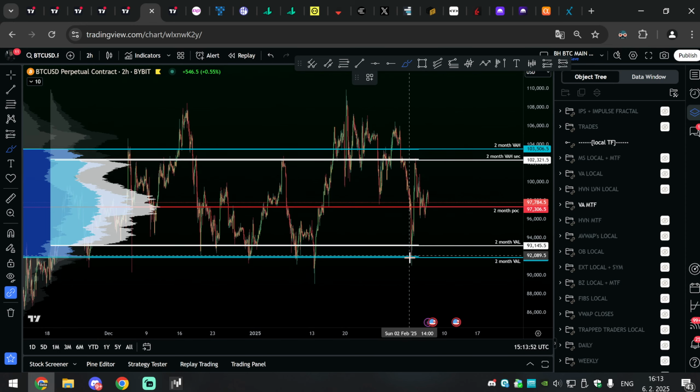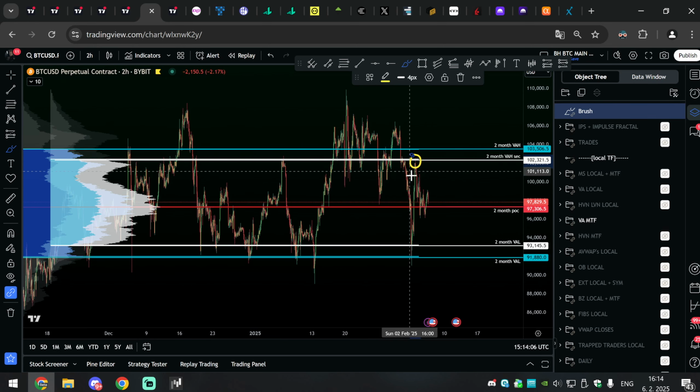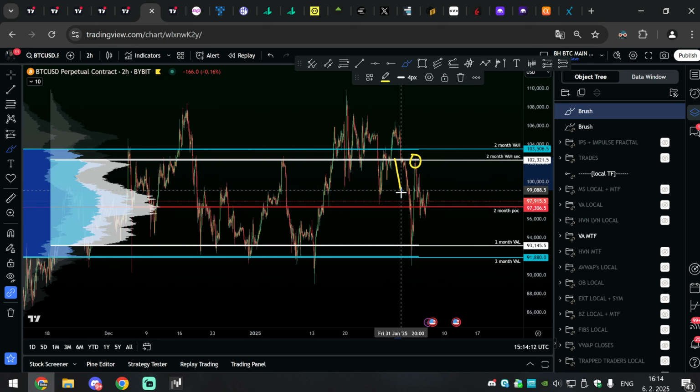When you are getting long here, of course, once you reclaim POC and high volume node, I'm just showing you how you think differently from this local to high, like you combine the thinking process. You were hitting the secondary 2-month VAC here, so you've completed a rotation. Also when you move down from the Trump news all weekend, this is the thing. Like with AMT rotations, you can bounce further on profit taking.